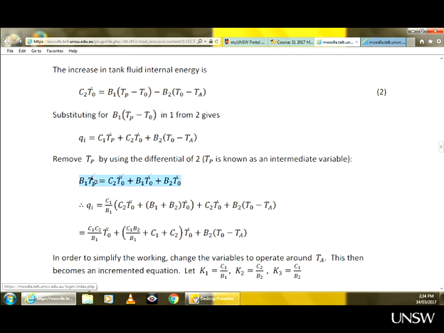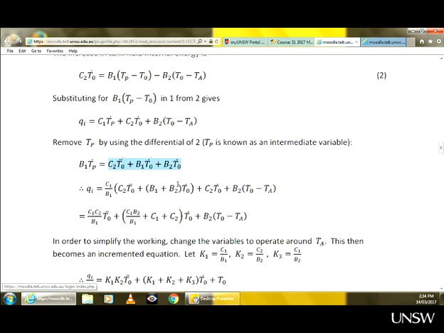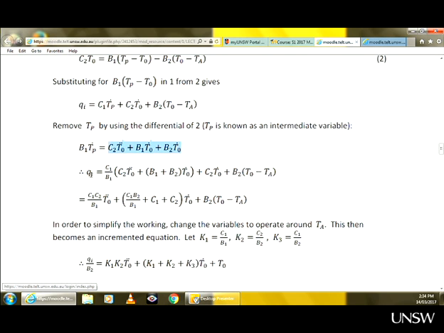So we have TP dot, and TP dot from here will be substituted in here. So TP dot will equal 1 over B1 times the whole expression on the right-hand side. So QI now becomes equal to 1 over B1 times this expression, plus C2 TO dot and plus B2 (TO minus TA).